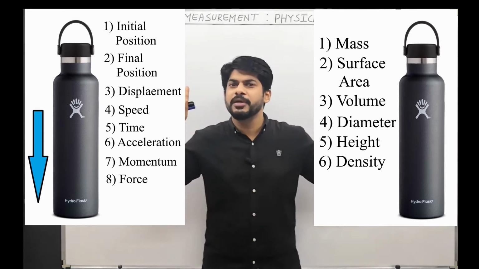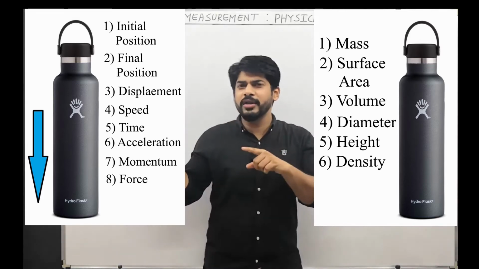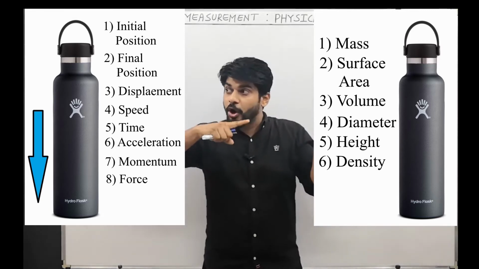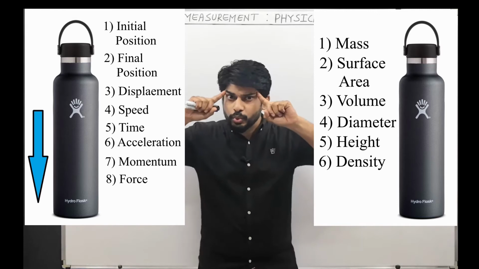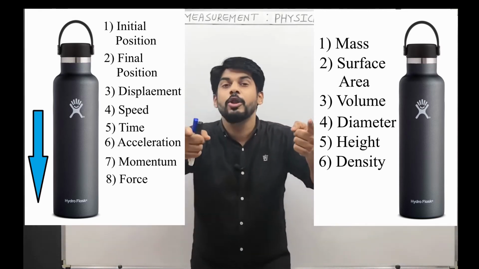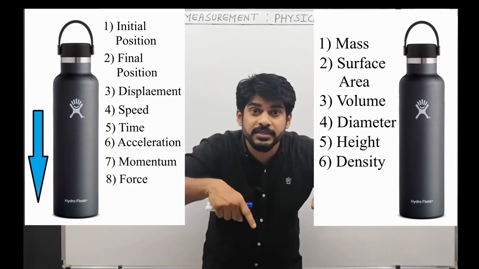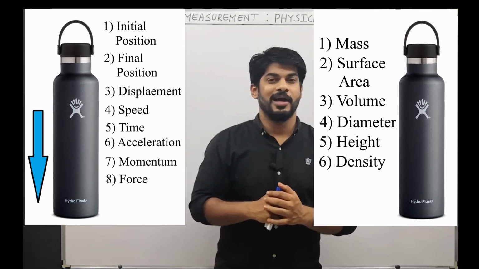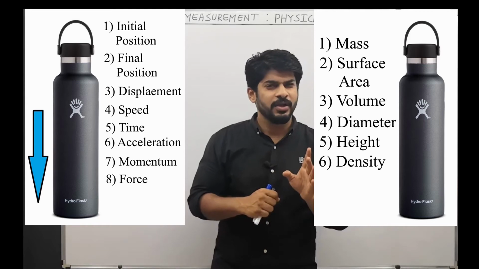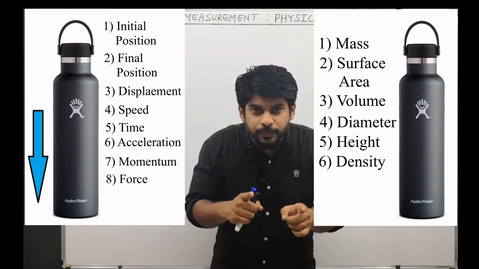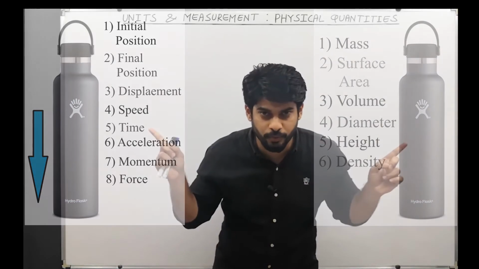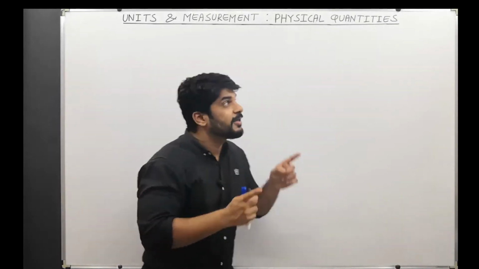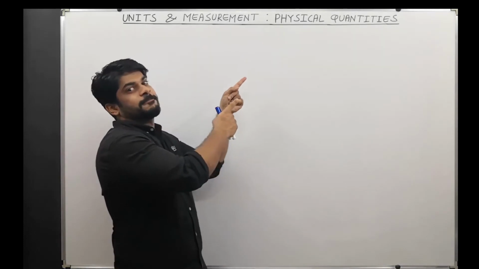To describe any stationary object or any falling object, or you can say to describe any object or any event, you need to talk about lots of properties related to the object and the event. I hope that is pretty clear. These properties that you talk about are nothing but the physical quantities.